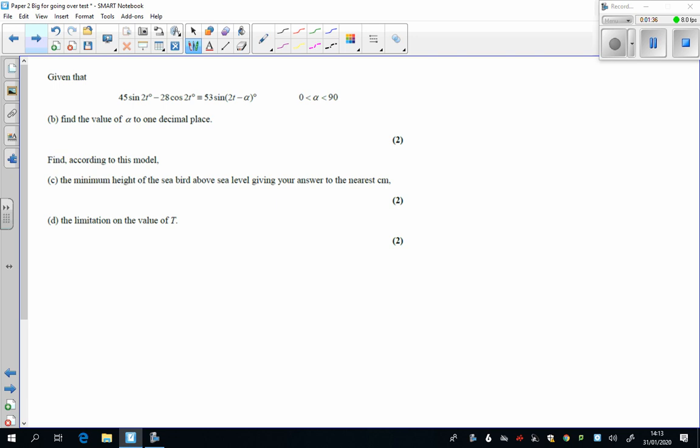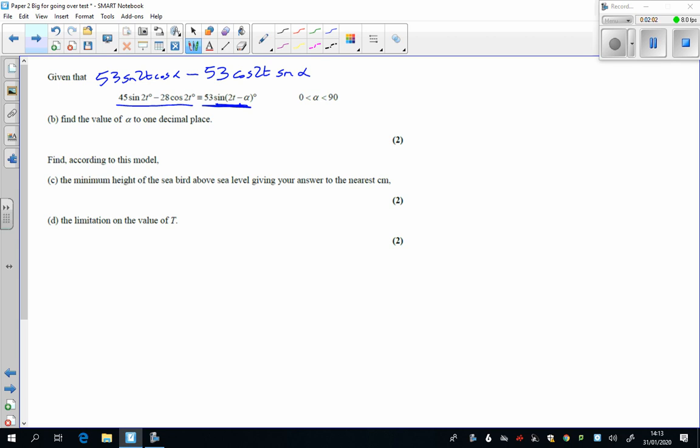the look at this piece of trig, and it tells you what to do here. You've seen these enough times before. We're going to use our formula book to write out what this gives. So we've got 53 sine 2t cos alpha. There's a minus in the middle, so I've got a minus here, 53 cos 2t sine alpha.